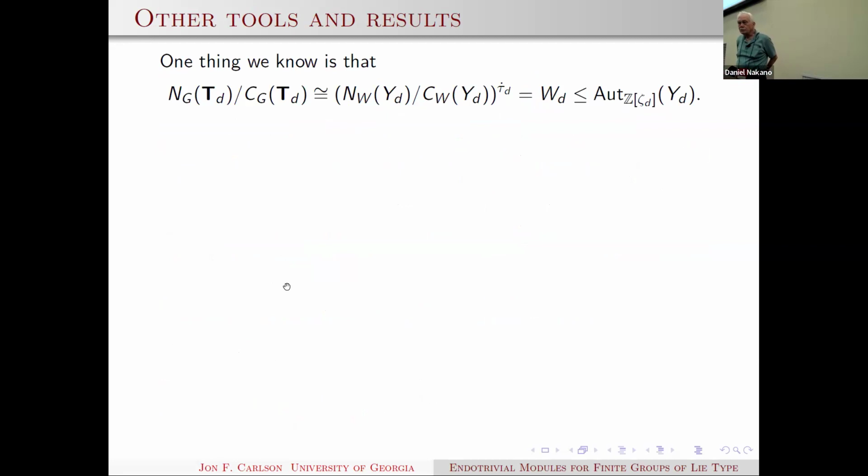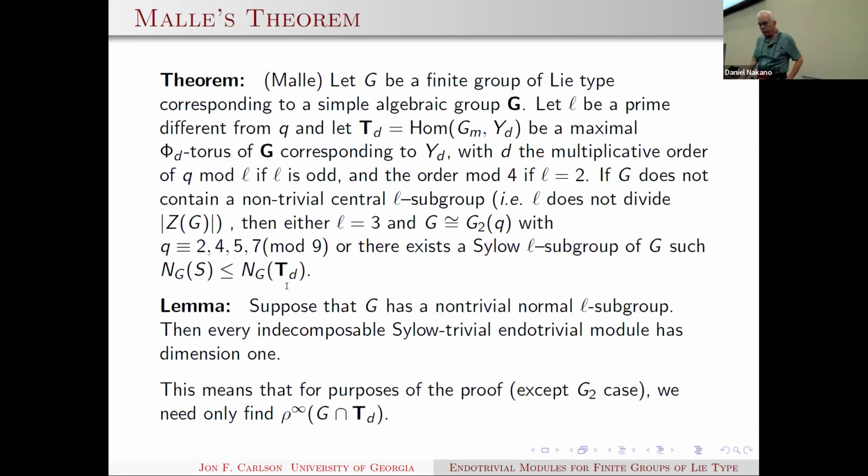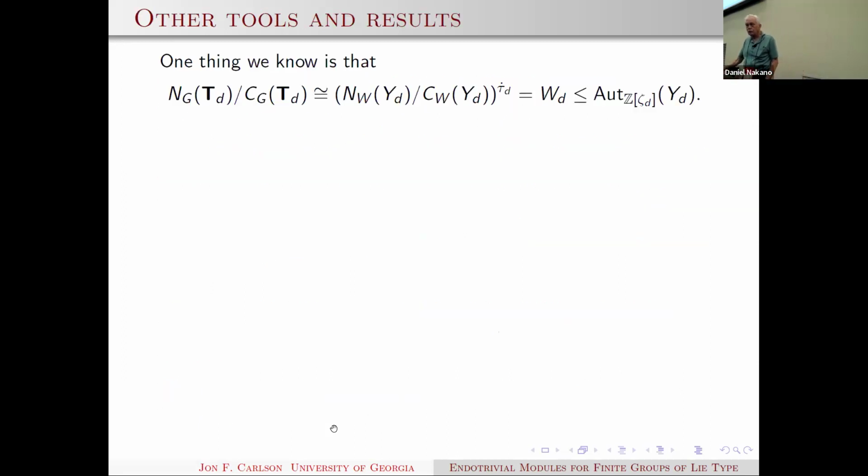If you take the normalizer of the phi D torus modulo its centralizer, this is the normalizer in W of Y sub D, this sublattice, modulo the centralizer, conjugated by the switch points on the tau D. This is our subspace W sub D. So what this says is, if you're going to go back and find this thing, then what you really need to do is, first of all, you want to prove that the centralizer of T doesn't contribute anything.